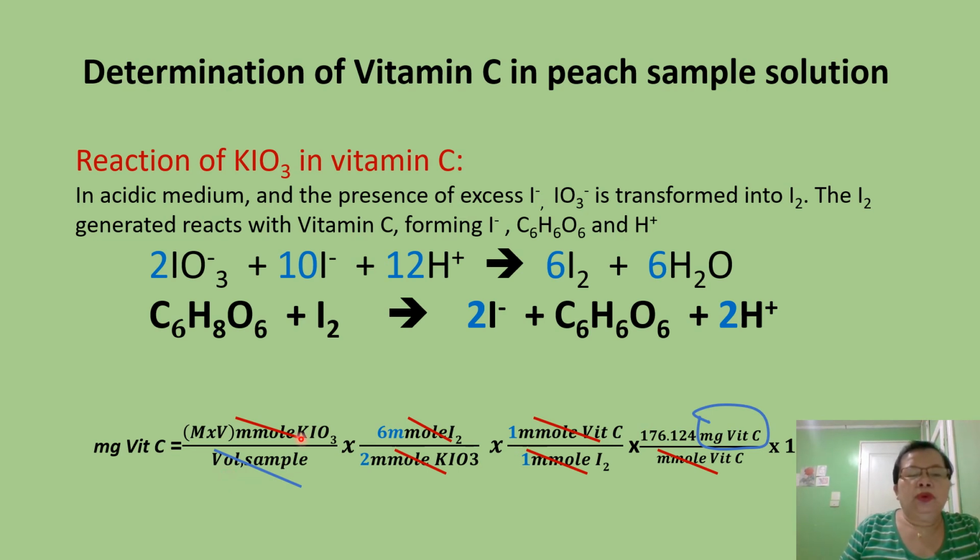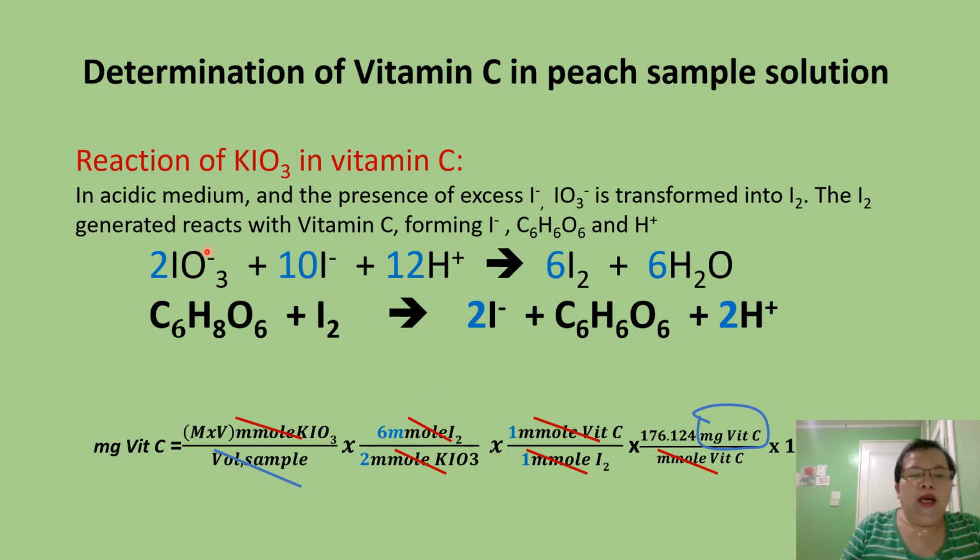Now we have to cancel this millimole KIO3 because our goal here is to calculate milligram vitamin C. There is no direct relationship between potassium iodate and vitamin C. Instead, ang potassium iodate here has direct relationship with iodine. That's why from millimole potassium iodate, we transform it into millimole iodine.